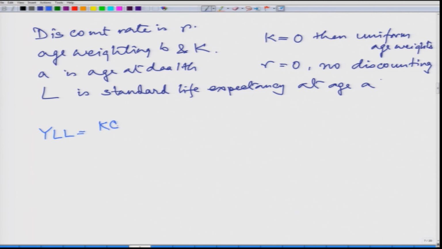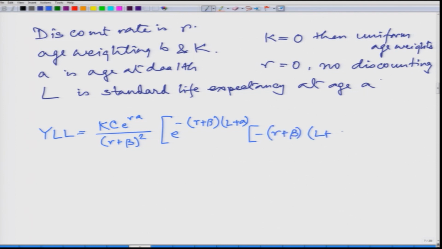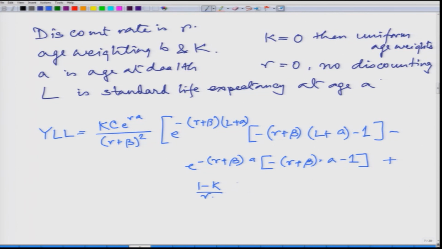YLL is K e to the power RA, plus (1 minus K) by R, into 1 minus e to the power minus RL.